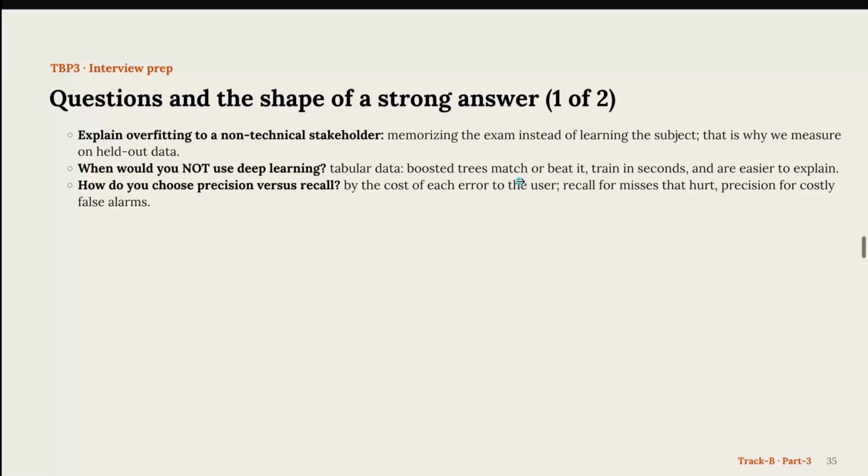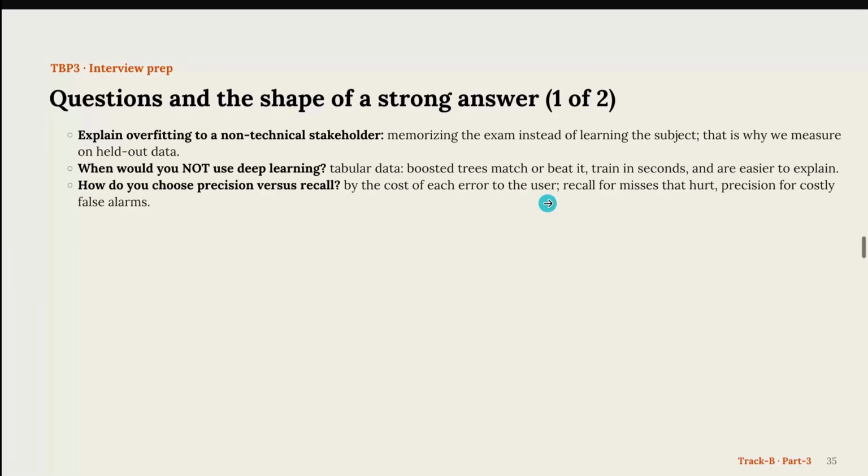That's more important. How do you choose precision versus recall? By the cost of each error. Recall for misses that hurt, precision for costly false alarms. So imagine a patient coming in and we are trying to detect cancer. If we miss that, there is a human loss there. The cost of that loss is very high, so recall needs to be perfect or very high.